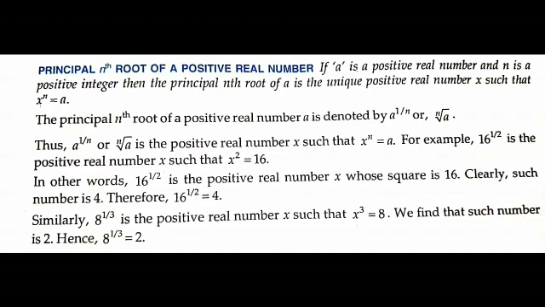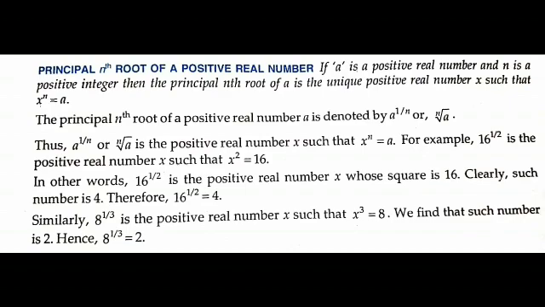In other words, 16 to the power 1 by 2 is the positive real number x whose square is 16. Clearly, that number is 4. Therefore, we can write 16 to the power 1 by 2 is equal to 4.